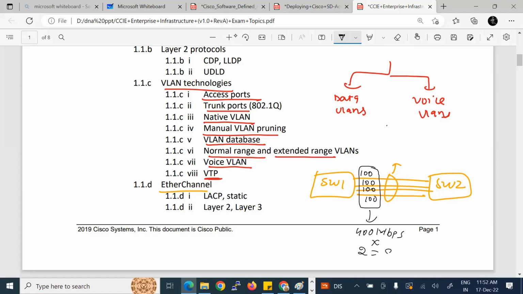And throughput would be double because we have full duplex links. I can send 100 Mbps and I can receive 100 Mbps, so together it would be 800 Mbps. But by default, STP will not allow this. You need to block some ports of connections.